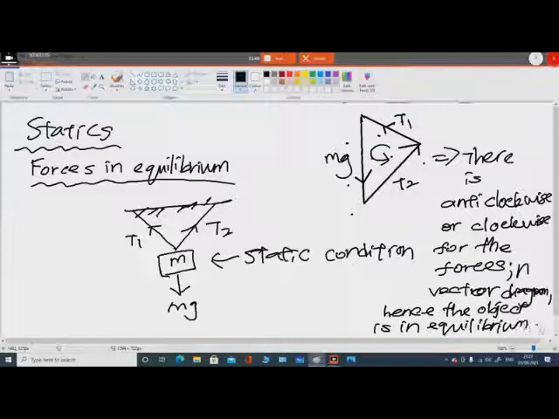So this anti-clockwise direction shows us that the object is in equilibrium condition.